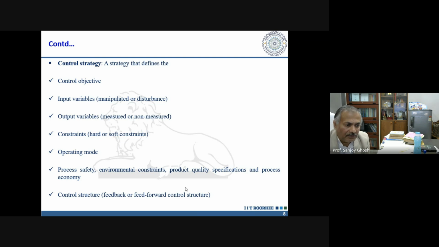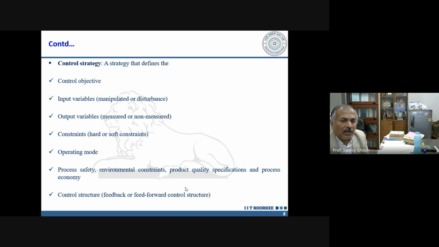And control structure. Finally, control structure can be of two types: feedback and feedforward. Obviously, cascade control is also there, and then feedback and feedforward together is also there. So control structure also has to be decided. Whenever you go for control, there are a few points you have to keep in mind, and accordingly you take the decision.